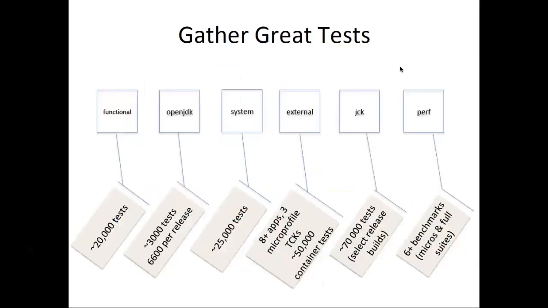So looking just quickly at some numbers, you can think of us, at the AdoptOpenJDK project, as curators of tests, where some of the tests come out of an OpenJ9 team. Some of them come out of the OpenJDK project. There's a large set of system tests, and I'm listing here the number of unique test cases, not the number of times we grind stuff.